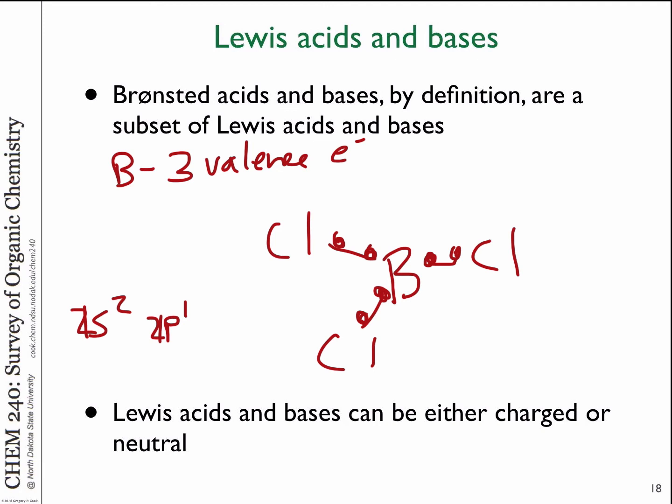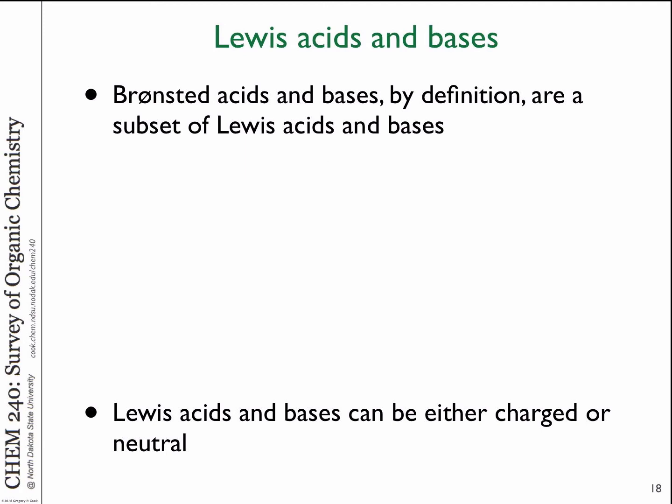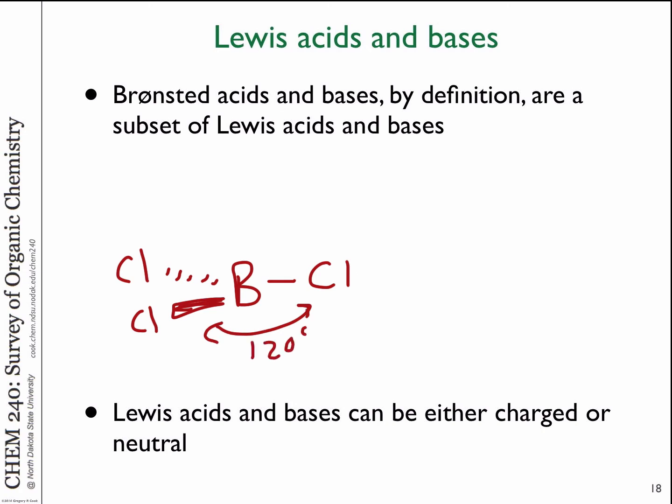The structure of BCl3 is planar. So let me ask you this. I'm going to draw this again. BCl3. All three chlorines lie in one plane. If you don't know, the wedged bond means it's coming out of the board towards you, and the dashed bond means it's going away. The bond angle between these are all 120 degrees and flat.